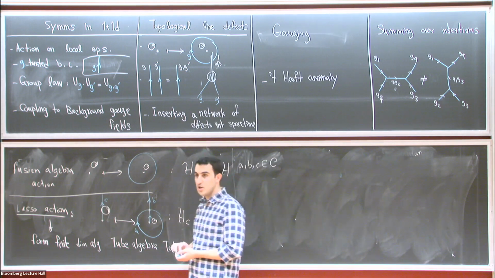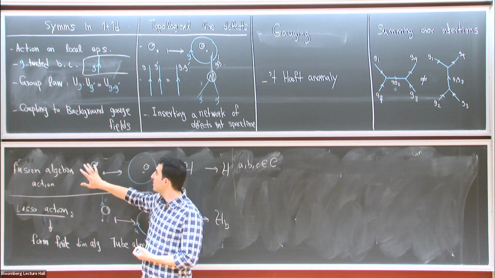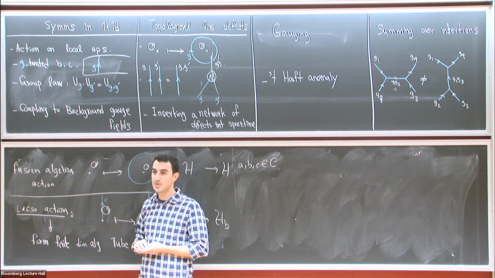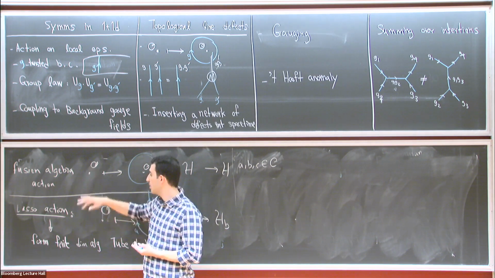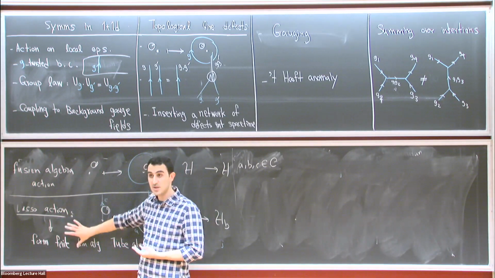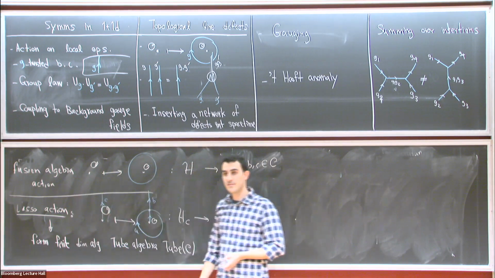Okay, good question. So here, if I take the Verlinde algebra, it's commutative. But in my definition of non-invertible symmetry, I could also consider non-commutative fusion algebras. So I don't restrict to commutative. So both of them could be non-commutative. And it could be that this is commutative, this is non-commutative, as I said. But I'm taking the more general case where both can be non-commutative.